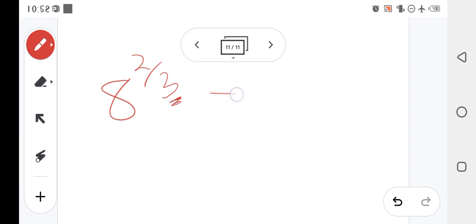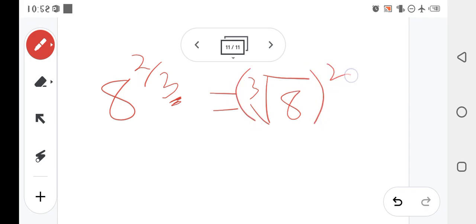So this becomes the third root of 8 raised to the power of 2, meaning that what you multiply by itself 3 times to give you 8. So which becomes the third root of 8 raised to the power of 2. And the third root of 8 is 2. So it becomes 2 raised to the power of 2, that is 4.